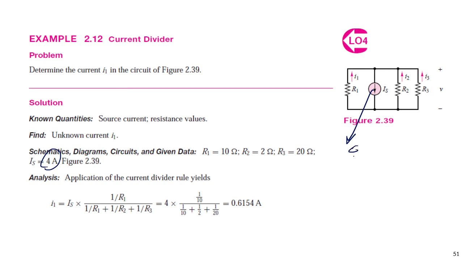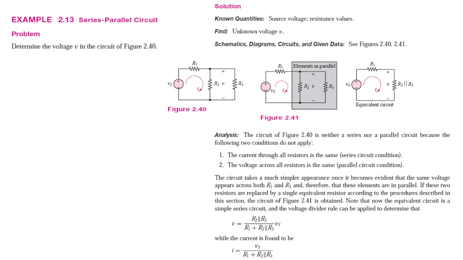And we know R1, R2, R3, so you can solve for I1, I2, I3. I think it's not a problem for you. Any question?